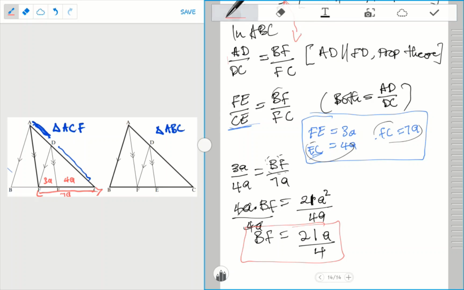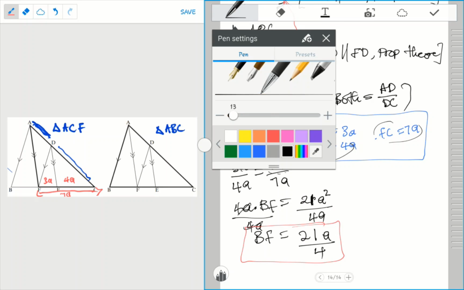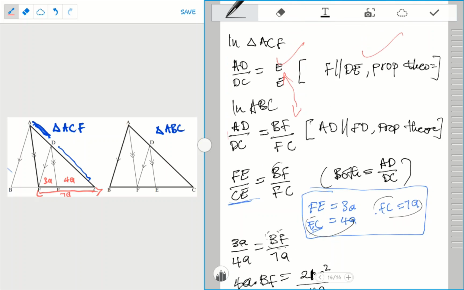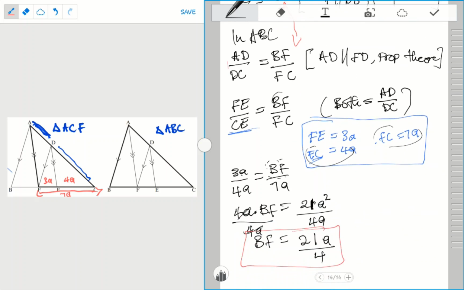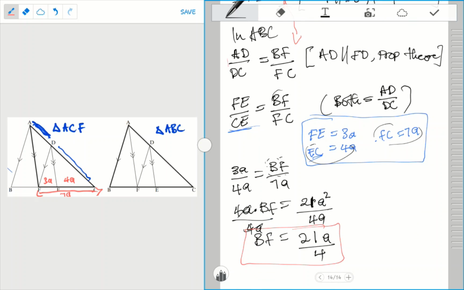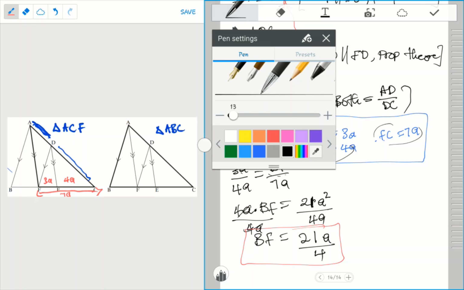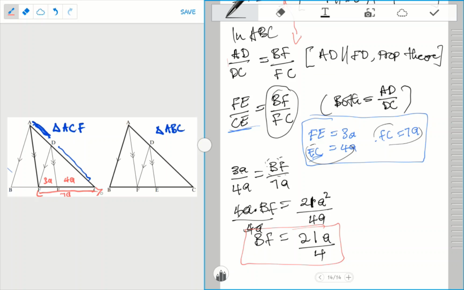Okay, then now let's come here. We clearly know that BF is this one. No, let me not use that one so that it can be so simple. Let's come and take this one, BF.